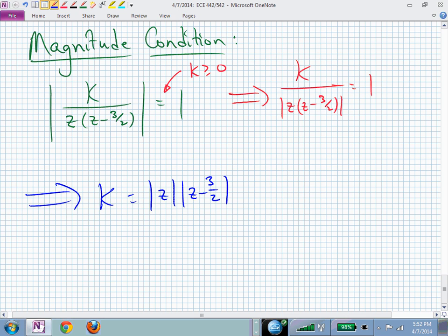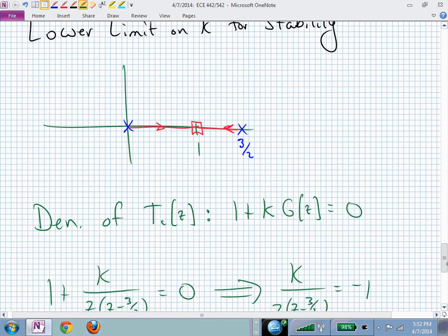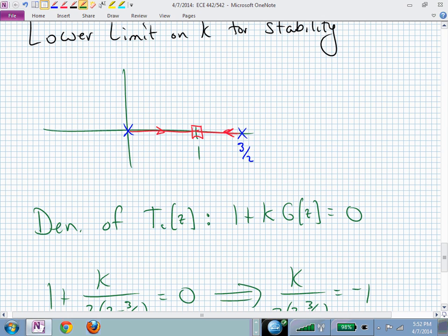But for the limit on stability, we want to know what gain value k happens when z is equal to what particular value. We want z to equal 1, don't we?